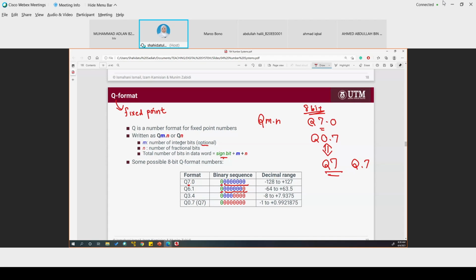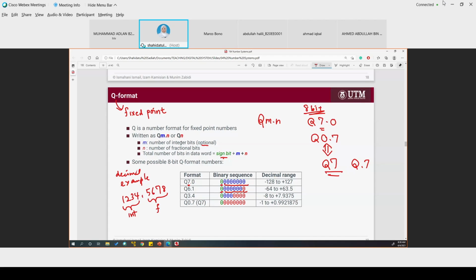In case you don't know what is integer and fraction, let's look at a decimal example. If it is 1234.5678, this part is the integer part, and this part is the fraction part.